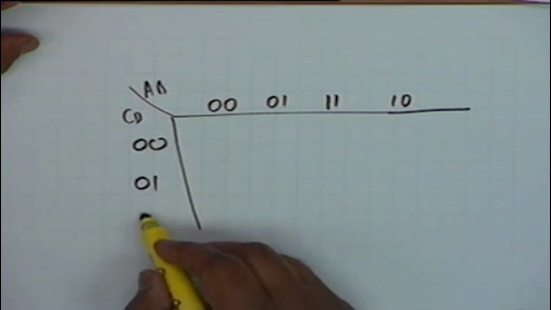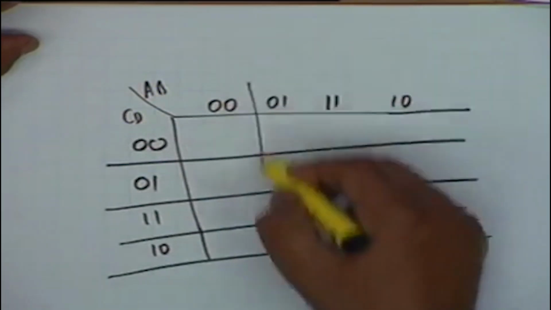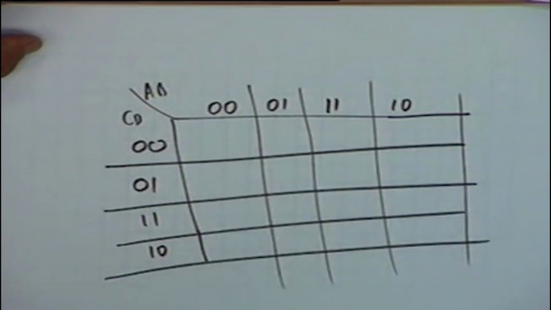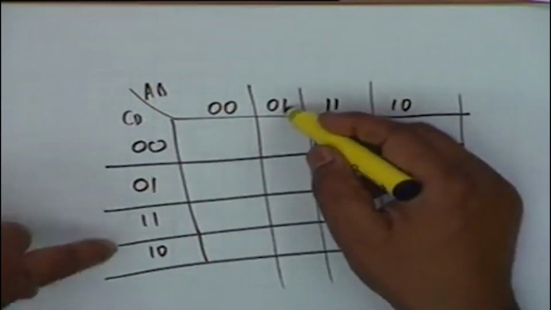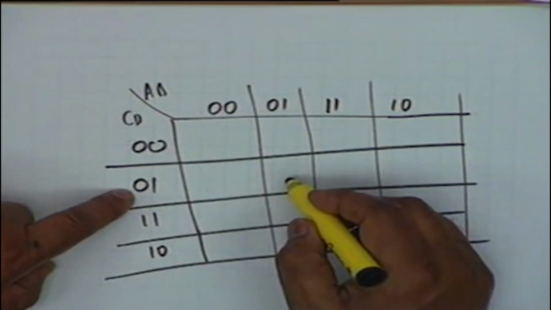In a similar manner, 0 0, 0 1, 1 1, 1 0. You shall have how many positions? 1 2 3, 16 positions. And from the truth table, you find out which combinations are 1. For example, 0 1 0 1. Is it 1? If it is 1, then write 1 here.